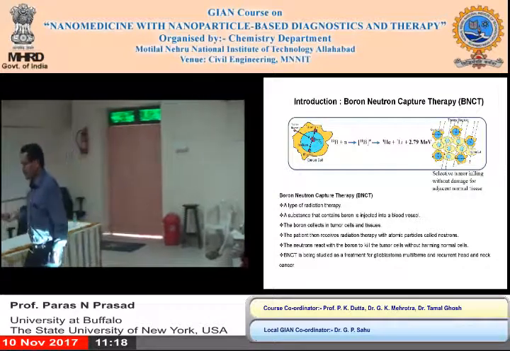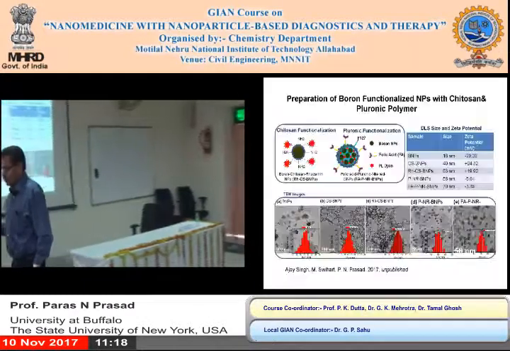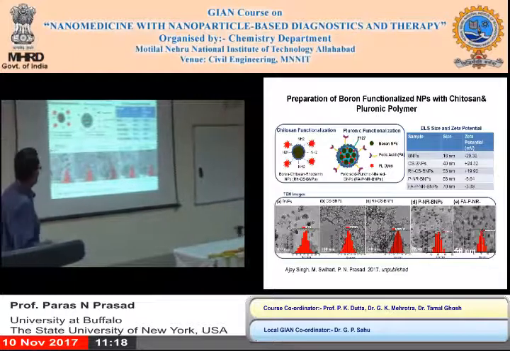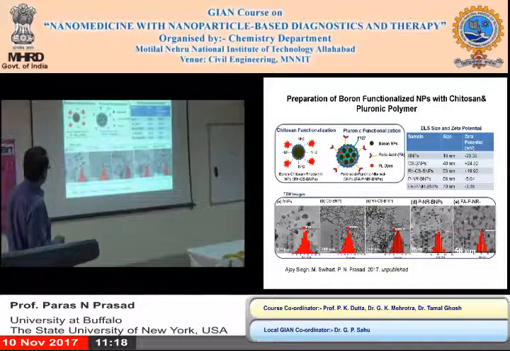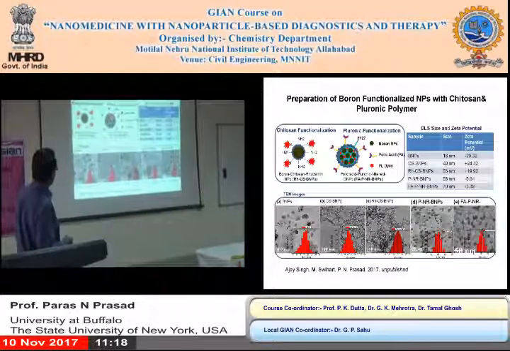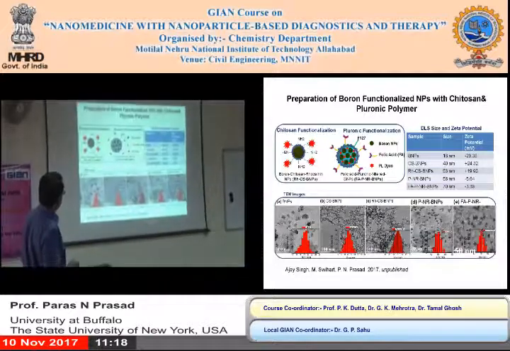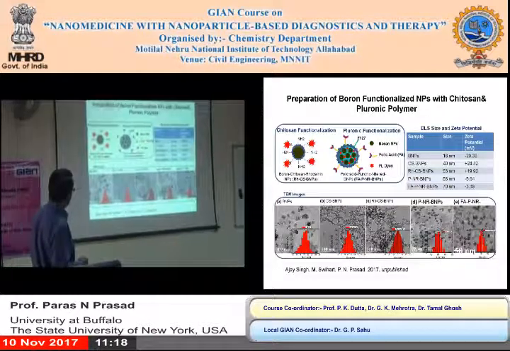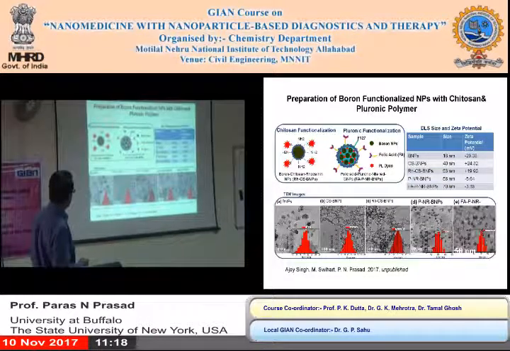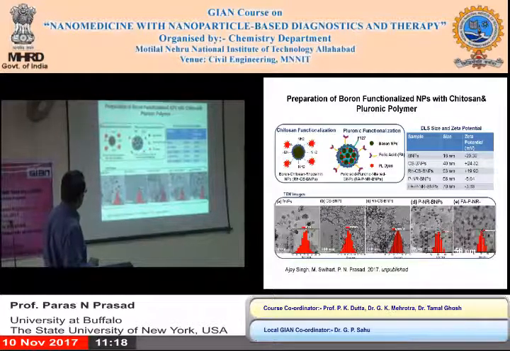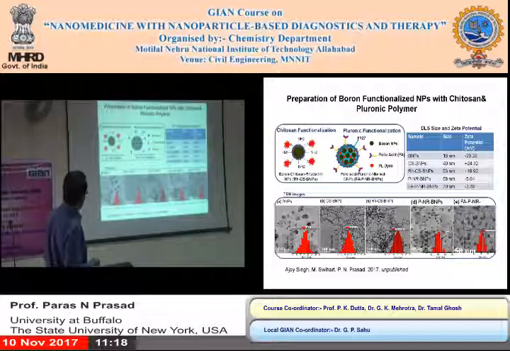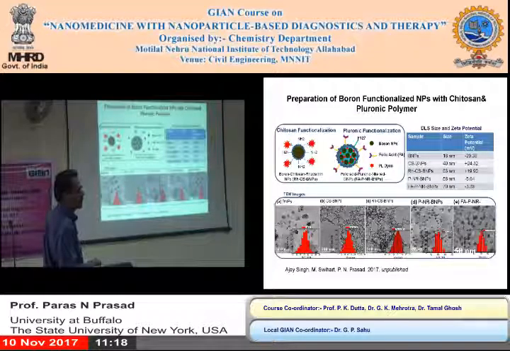So what we have done so far in boron is that we have nanoparticles, we have conjugated them, and we're targeting. Folic acid, a small molecule, does the targeting, and then we have attached dyes for imaging, and we have looked at cellular uptake, how the nanoparticles get inside the cell.